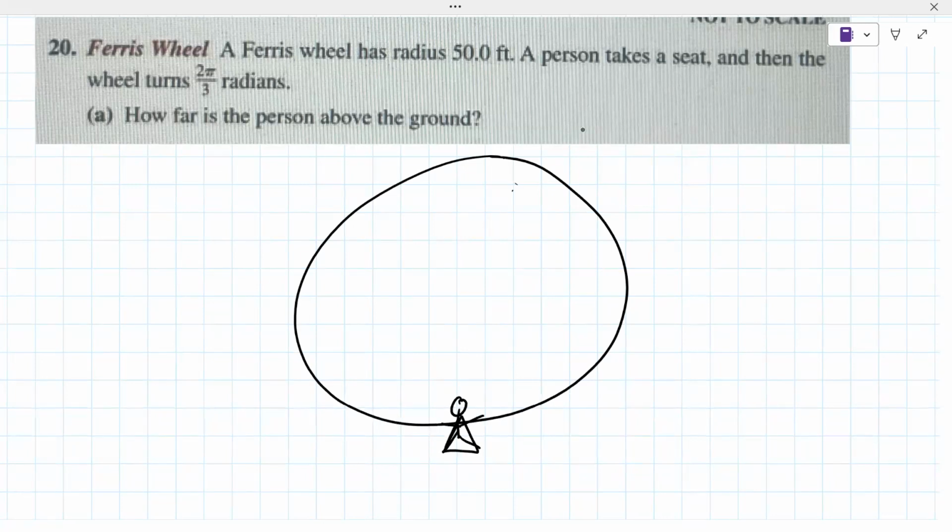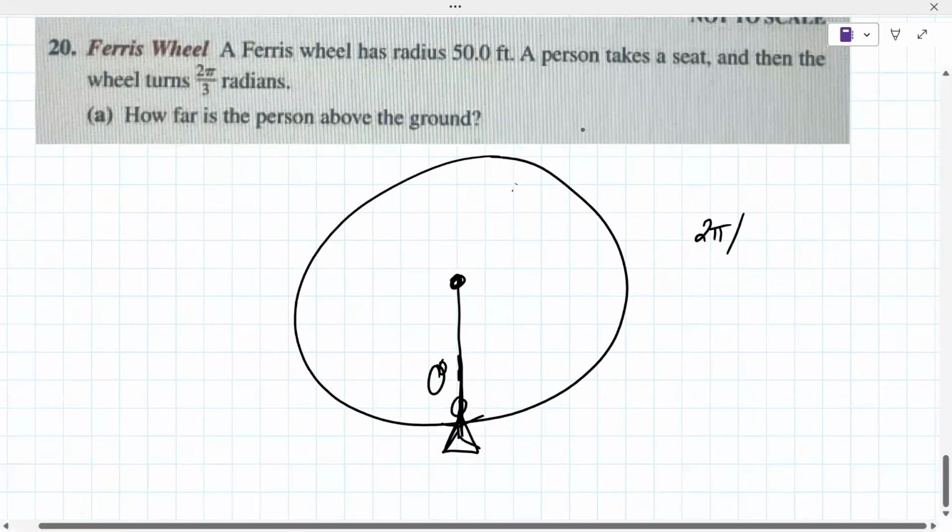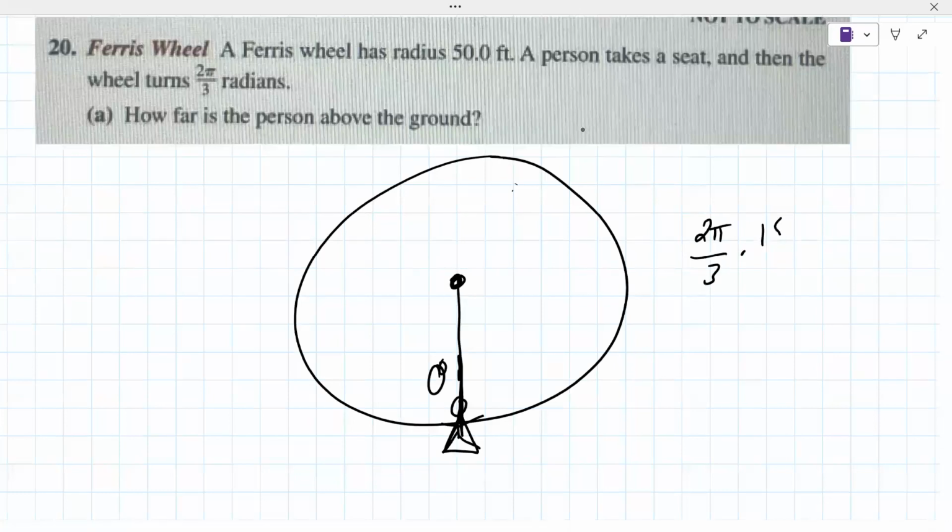Now they're saying consider this your zero. This is 0 degrees. So 2 pi over 3 radians. If you want to know where that is, you multiply by 180 over pi.